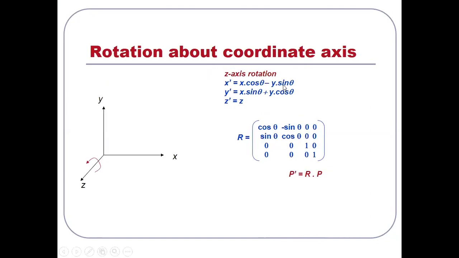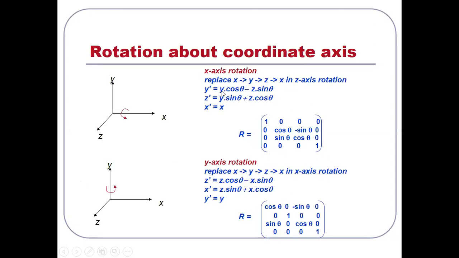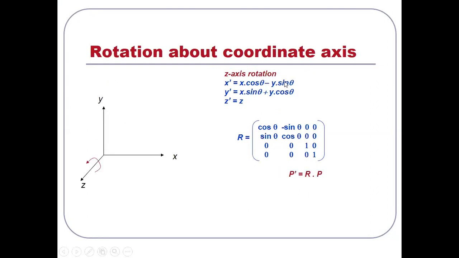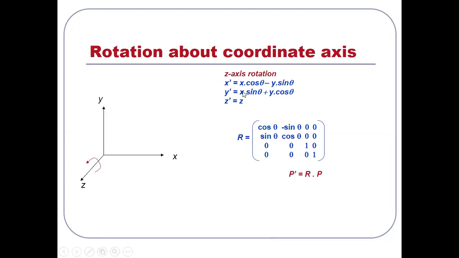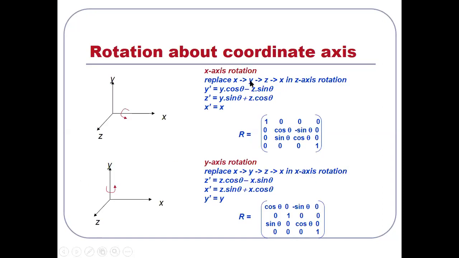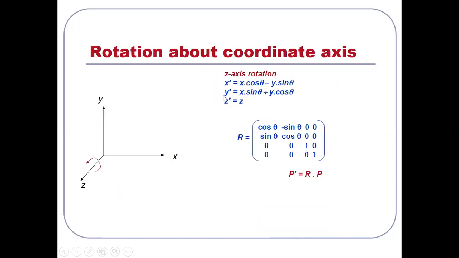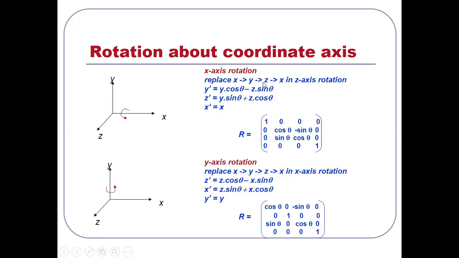Essentially, in the z-axis rotation, you take this z-axis equation, and wherever you have z, you replace with x, wherever you have x, you replace with y, and wherever you have y, you replace with z.